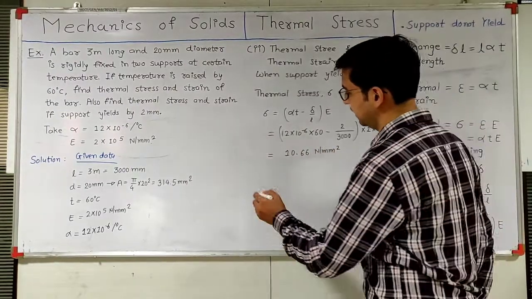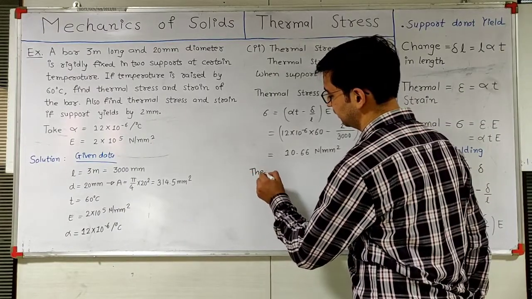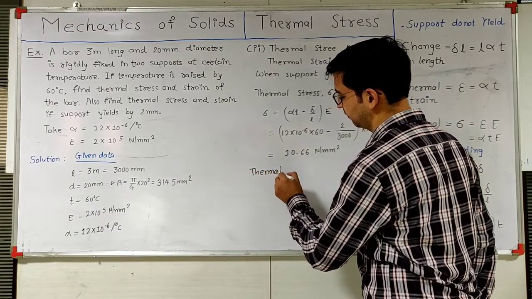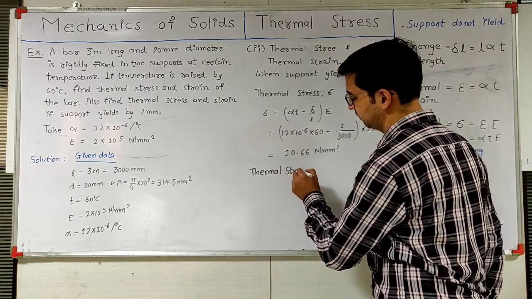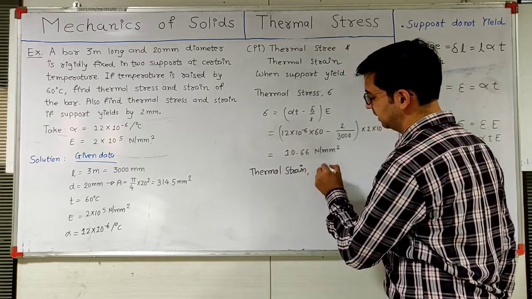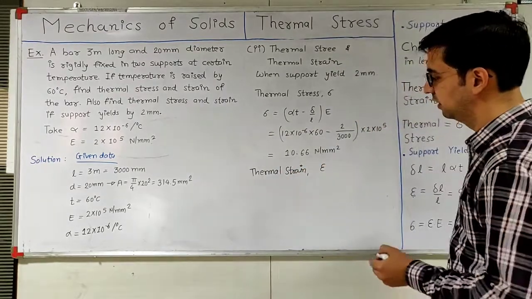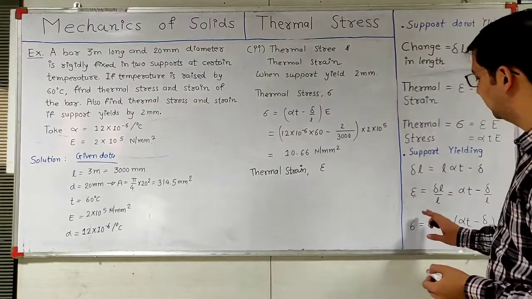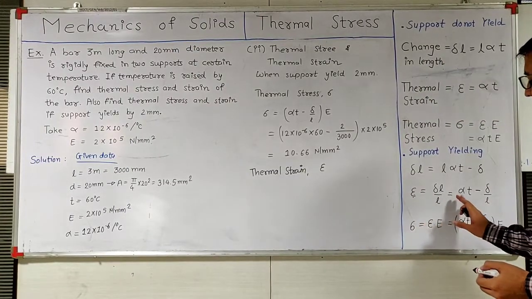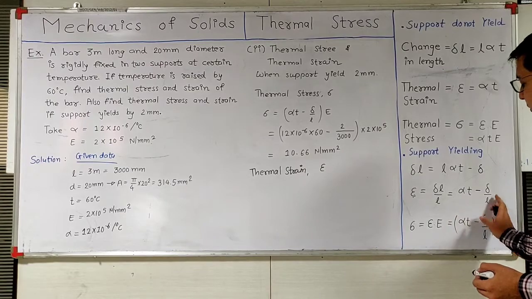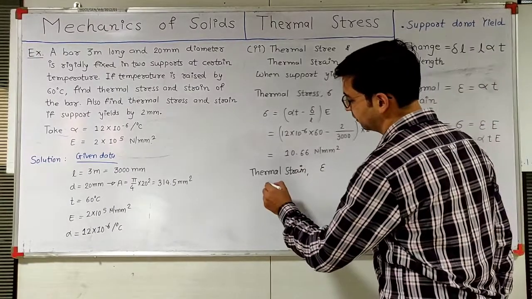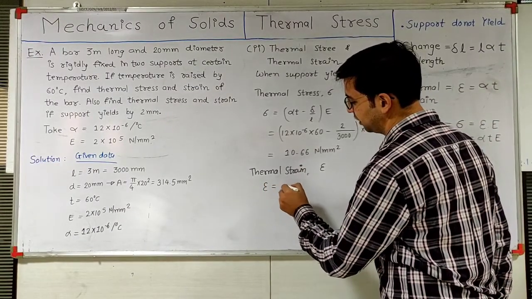Second parameter is thermal strain, denoted by symbol epsilon. So equation of thermal strain epsilon is like this: alpha into T minus delta over L for support yielding by 2 mm.